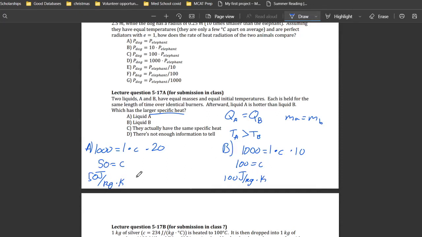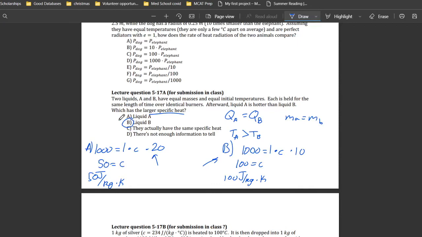So given all this information, we can see that liquid B has the higher specific heat than liquid A, because for the same amount of energy input, it had a lower change in temperature. It takes more energy to get to the same amount of temperature change as liquid A. And that's why B is the answer.